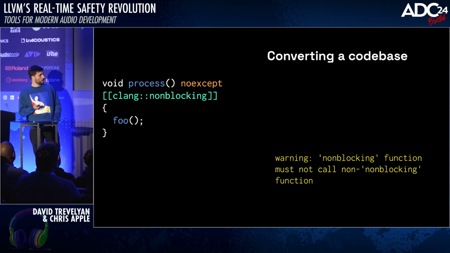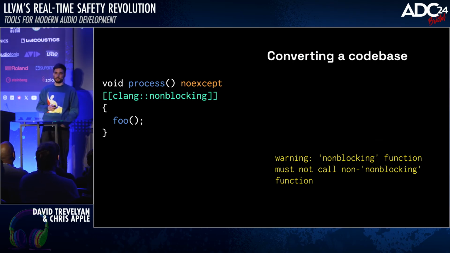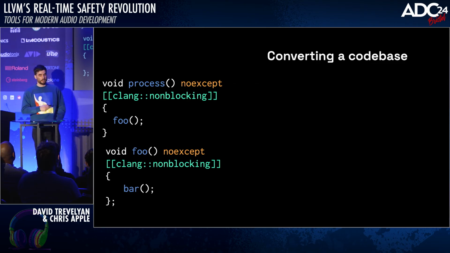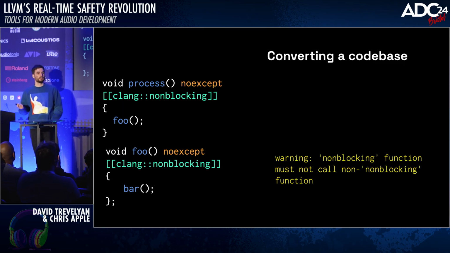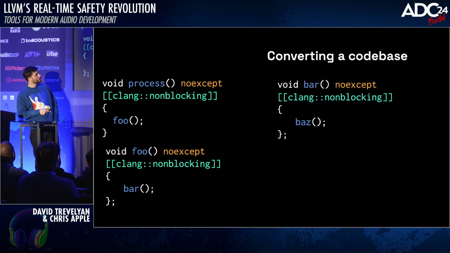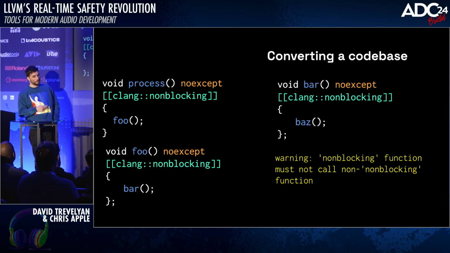You get this warning that we've seen a few times before. And of course, that's because our function foo is not attributed, so we need to go find our function foo in our project and attribute that as well and try again. And if we've got warnings as errors, we're going to get another error that we need to fix. So we need to go find bar, try again, and oh dear, you're starting to see a pattern emerge here.